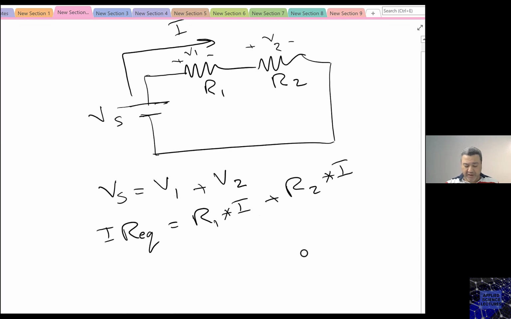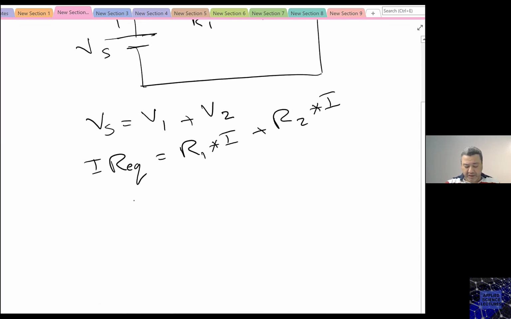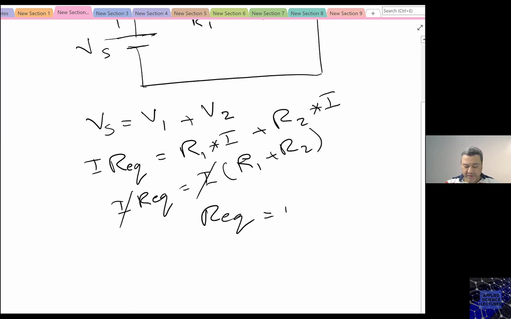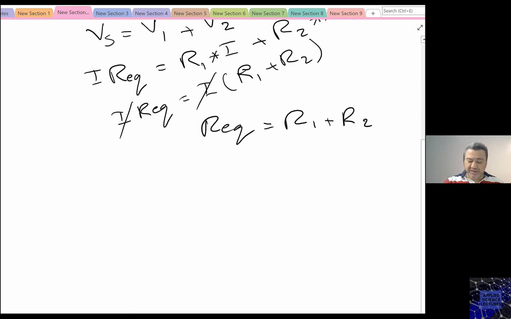So if I take I outside, I times R equivalent equals I times R1 plus R2. If I compare both sides of the equation, I can see that R equivalent is the summation of R1 and R2. Now, this is for the case of resistors in series.